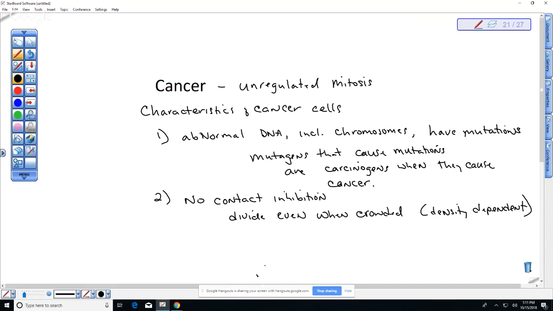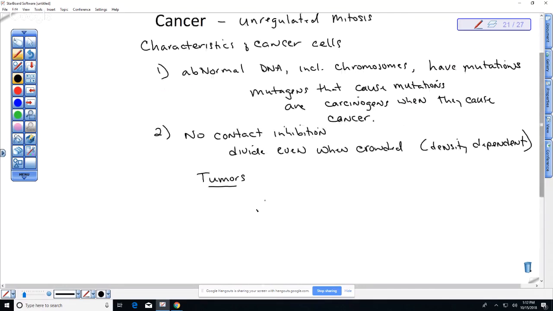So this is why they form masses and they form tumors. Those are masses of cells that are very crowded together. And tumors could actually be benign. Benign means that when they look at them, their DNA appears to be normal and they are not cancerous.